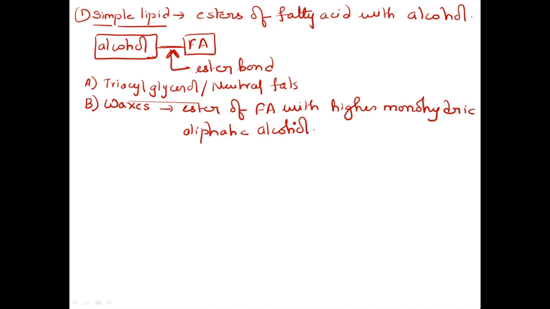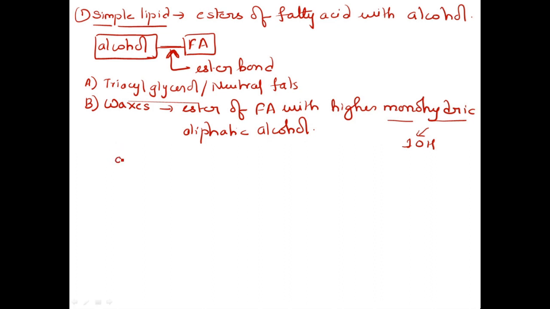So wax is also an ester of fatty acid but with higher monohydric aliphatic alcohol. Monohydric means that in glycerol 3 hydroxyl groups were present, but here only one OH group will be present, and in glycerol only 3 carbons were present, but it will be more than 3 carbon aliphatic alcohol.